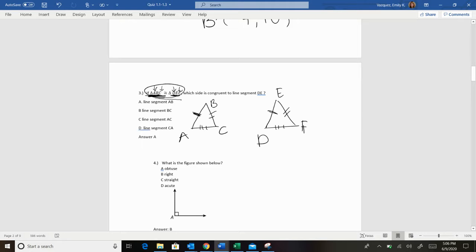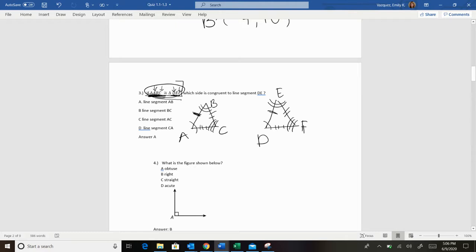So when you're given these types of statements about congruency or similarity, the order of the letters is what matters. Same thing if I looked at the angles. A is the first letter written in this triangle, so A angle would be exactly the same as D angle. B angle is the second letter in that first triangle, and the second letter in that second triangle is going to be E. So that is how you can do similarity.